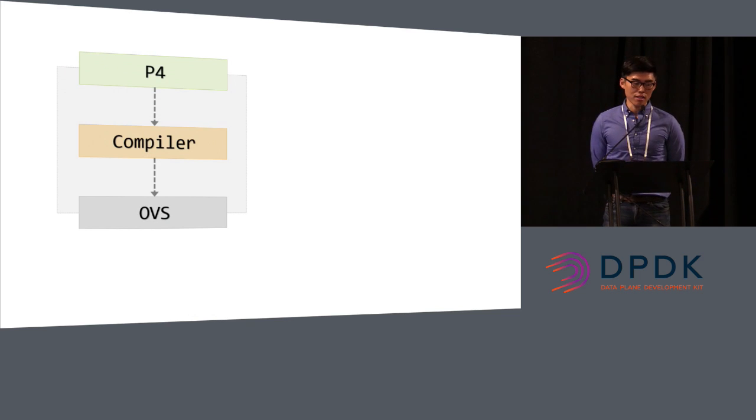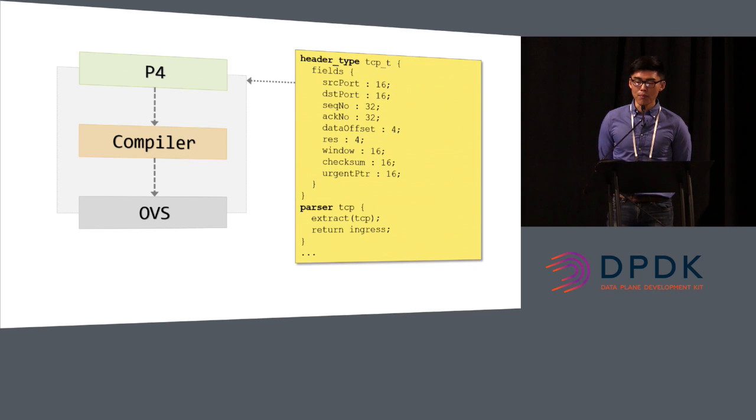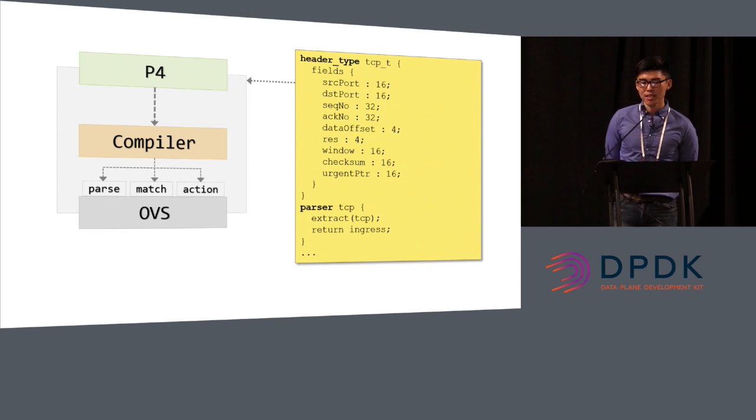So I'll tell you a little bit more detail about how PISCES works. Given the big picture, you basically take a P4 file as an input, and then let our PISCES compiler build the parse, match, and action code.